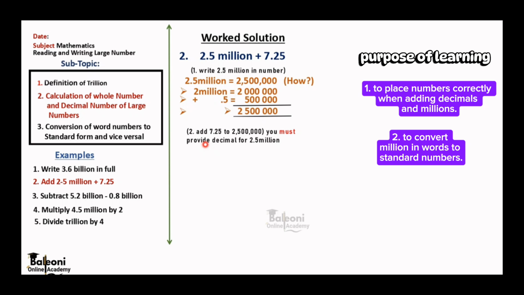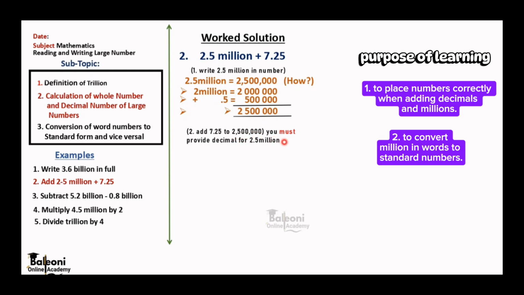The first thing you need to understand is that 7 is a whole number, just like 2.5 million. Then 5 and 2, they are decimals. So for us to have a very good calculation, we need to provide a decimal point for 2.5 million.